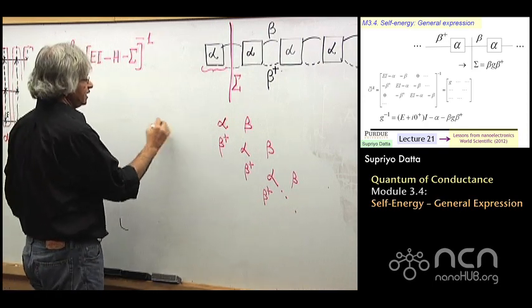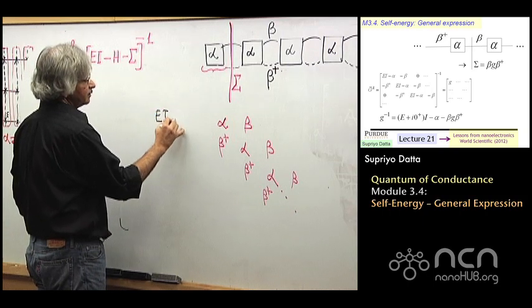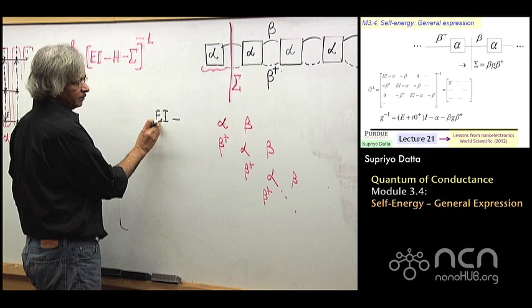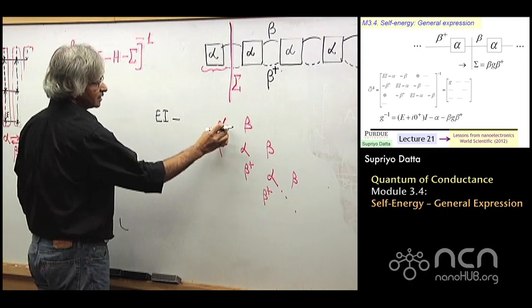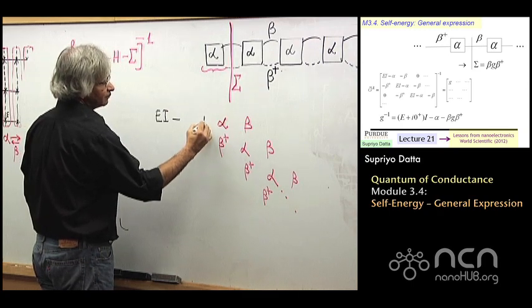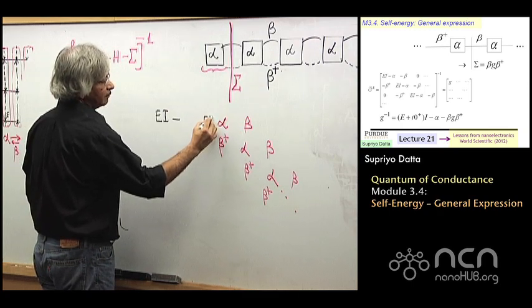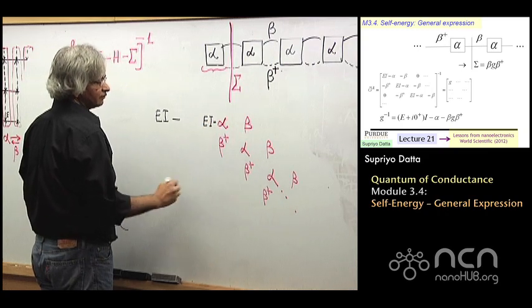EI is like E on the diagonal elements, from which I have to subtract this matrix. So at this point I get EI minus alpha, where I is an identity matrix of the same size as alpha.